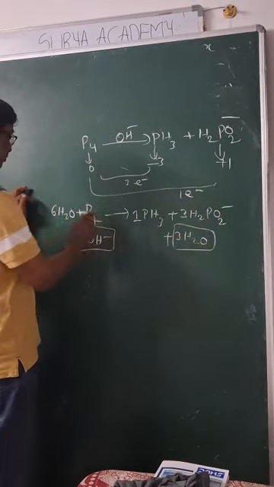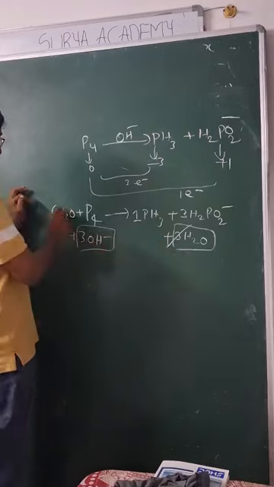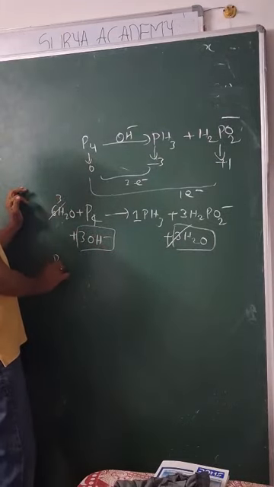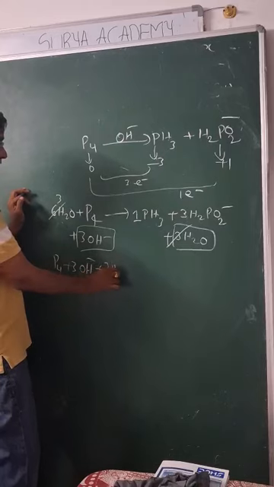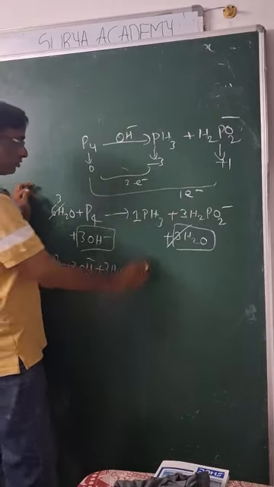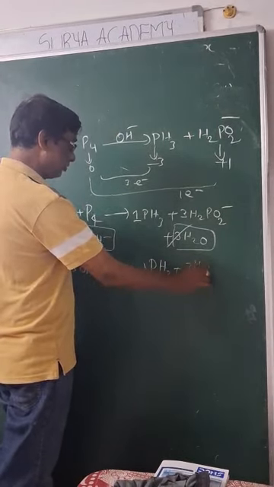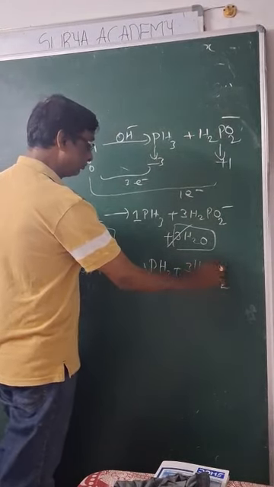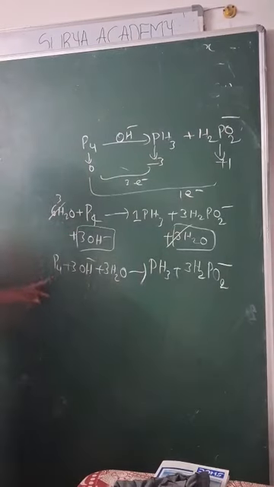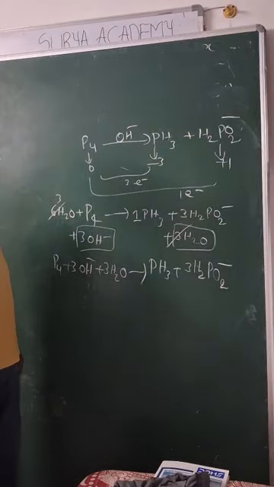But here 3H2O and 6H2O, so you have to subtract. So the final equation is P4 plus 3OH minus plus 3H2O gives PH3 plus 3H2PO2 minus. Balanced.